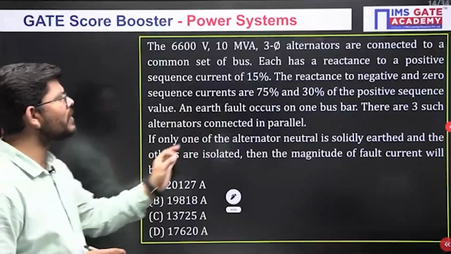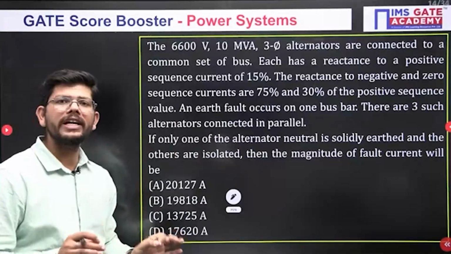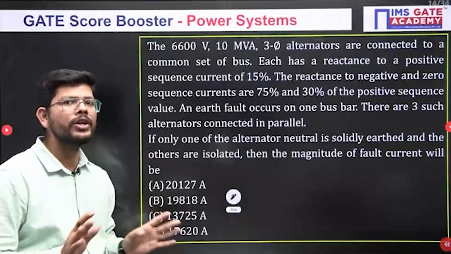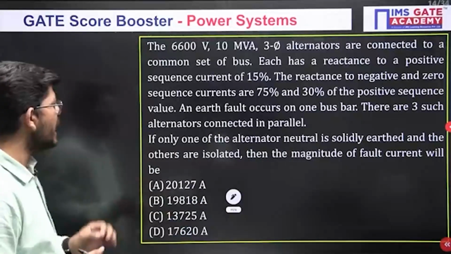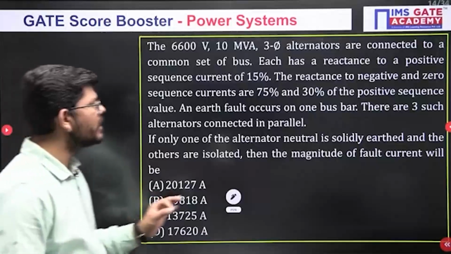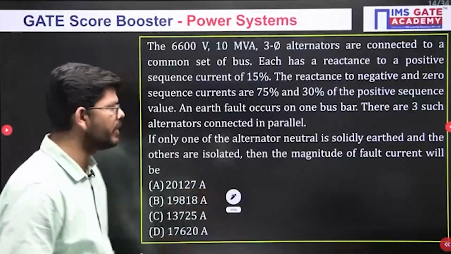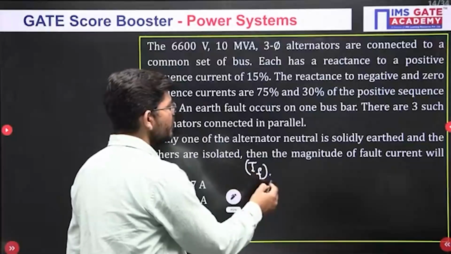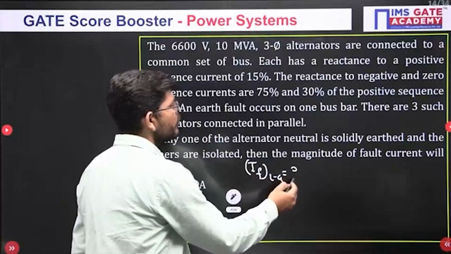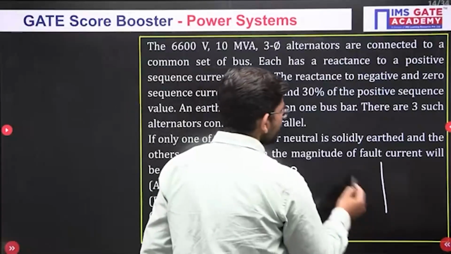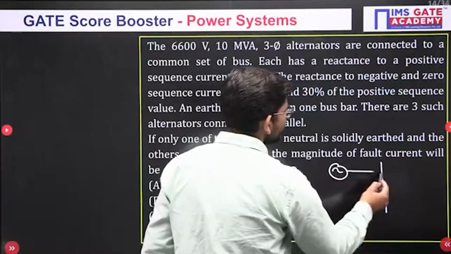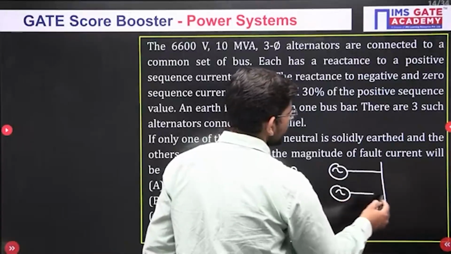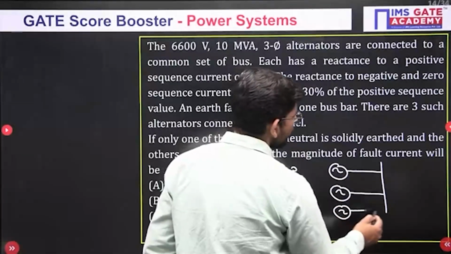If only one of the alternator neutrals is solidly grounded, and the rest two have no neutral, the others being isolated, then you have to calculate the magnitude of the fault current. What fault are we having? Line to ground fault, and there are three generators connected in parallel to a common bus like this.